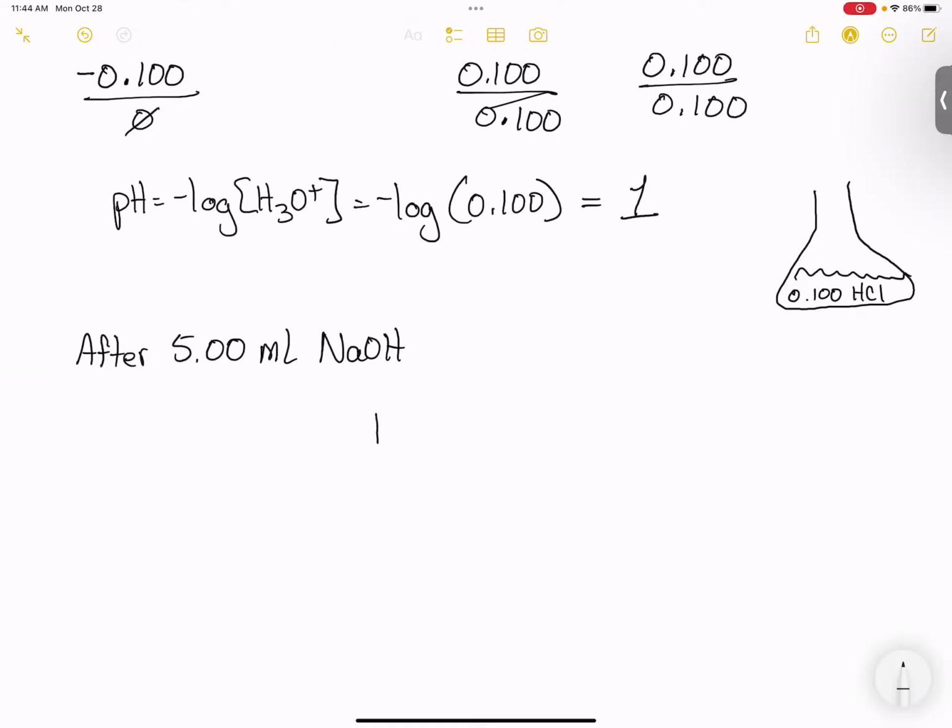Because if you think about this flask here, you have 25 milliliters of hydrochloric acid.